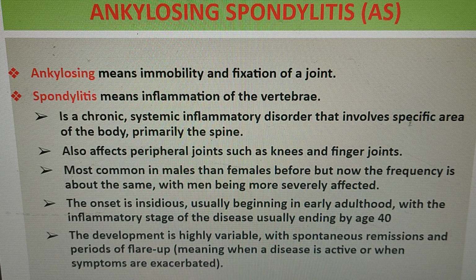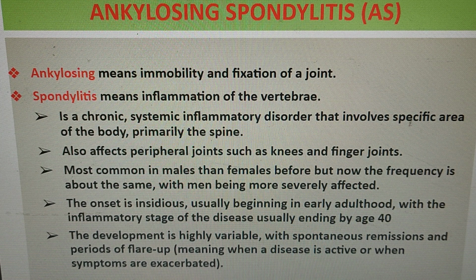Ankylosing means immobility and fixation of a joint, meaning there's severe reduction of movement on the joint, okay? And spondylitis means inflammation of the vertebrae. So there's an inflammation on the spine. This condition is always a condition of the spine, okay, or the vertebrae.